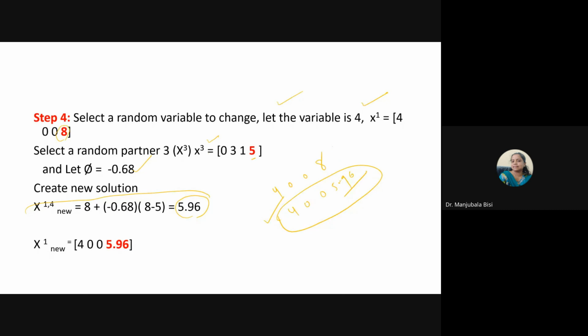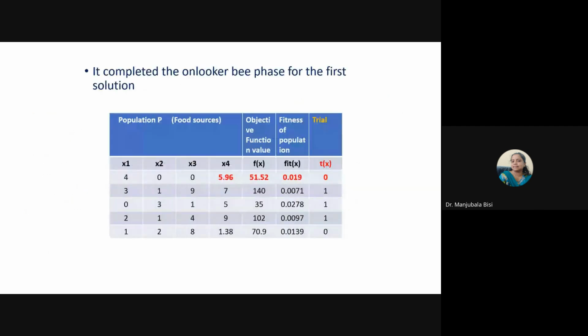So after doing the onlooker B phase, the solution 1, whatever modification we are doing, we are getting a better solution. So the updated solution will go to the population and the trial counter will be reset to 0. That is the minimum. If you see, previously it was 4008 after the employee B phase. Now this is 5.96. So the corresponding objective value and the fitness value is there.